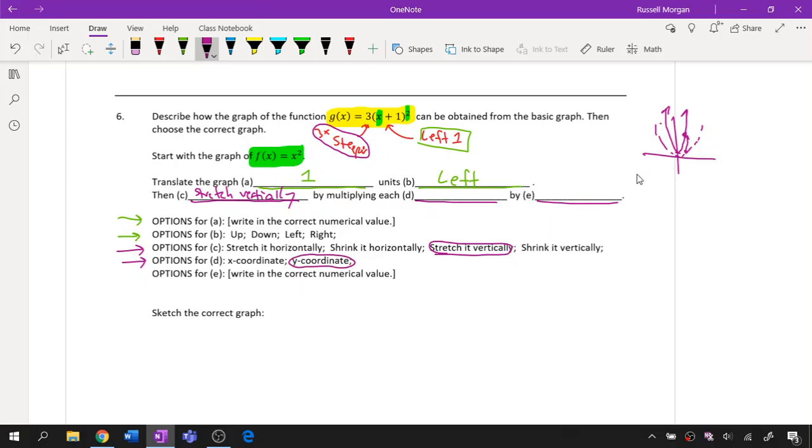We're adjusting the y-coordinate. And so we put y-coordinate. Squeeze it in there. And then how about for that last one? Oh, wait, we're supposed to write in some numerical value, some number. So we stretched it vertically by multiplying each y-coordinate by, well, it's 3 times steeper, so I'm thinking the answer is 3. And there we go.